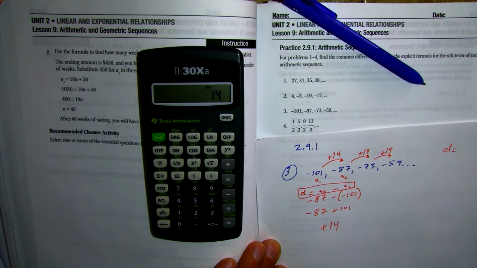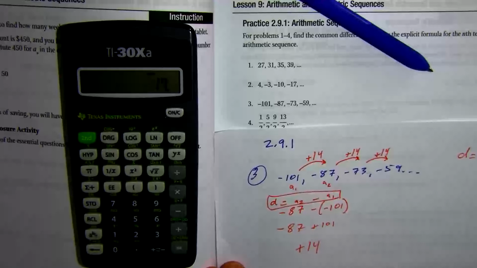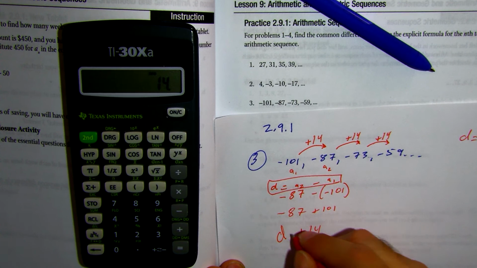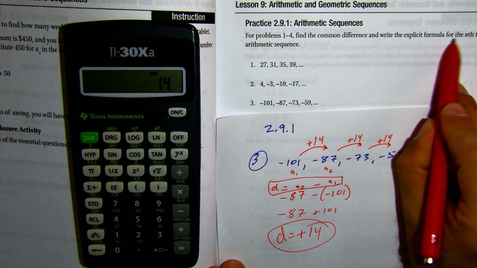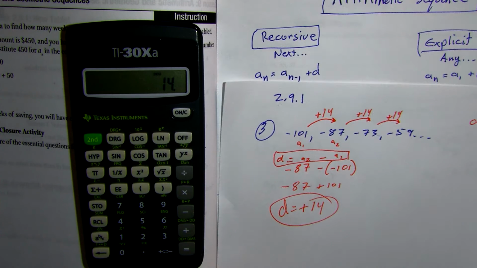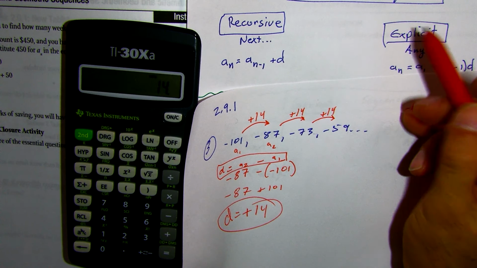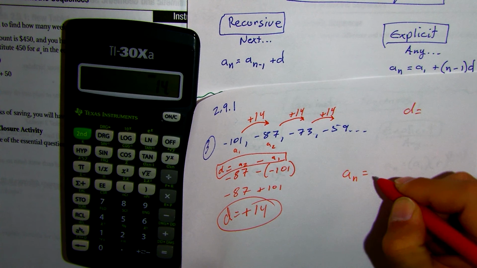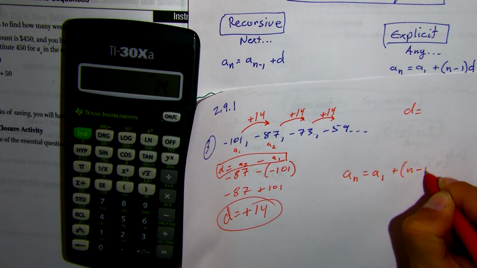So when I'm looking at this problem, now all I need to do is, I know my d. What does this ask? Find the common difference and write the explicit formula. So I'm going to bring this back and remember that my explicit formula for arithmetic is a sub n equals a sub 1 plus n minus 1 times our common difference.